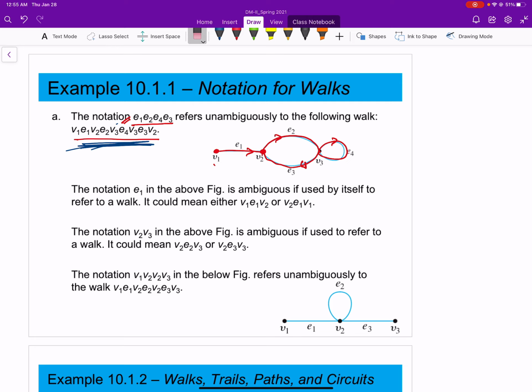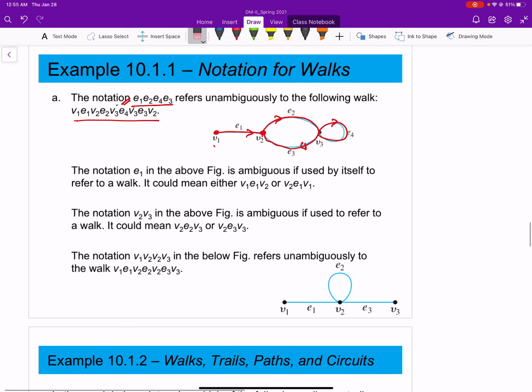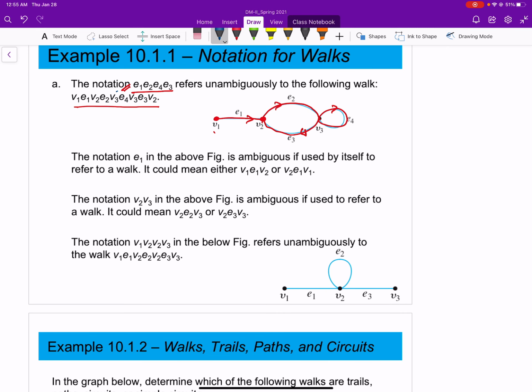What I want to explain is the representation is not unique. The notation E1 in the above figure is ambiguous if used by itself to refer to a walk.